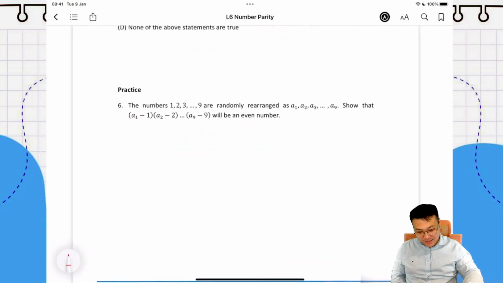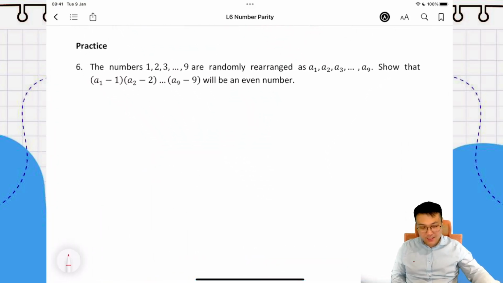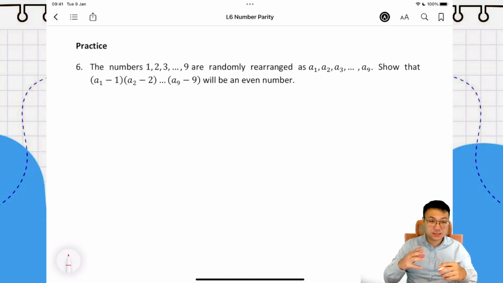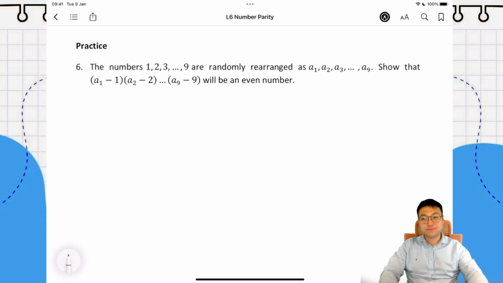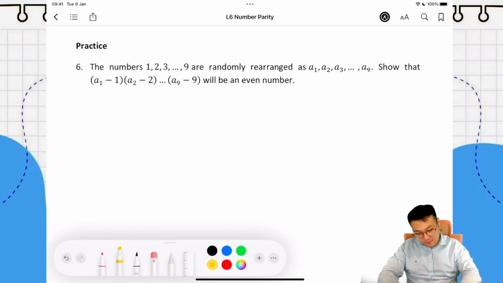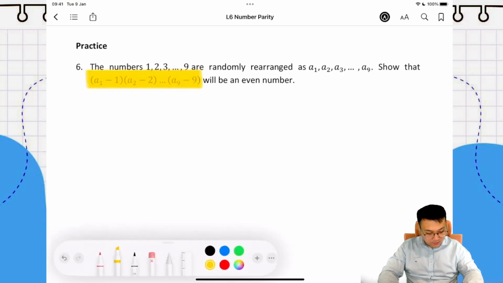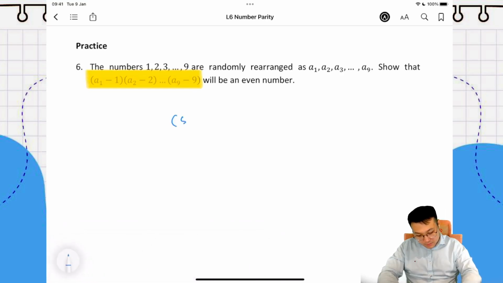Alright. Now let's do practice number 6. The numbers 1, 2, 3 until 9 are randomly rearranged, and they are labeled as A1, A2, A3 until A9. Show that (A1 minus 1)(A2 minus 2) all the way till (A9 minus 9) will be an even number. Now, before we even begin, let me explain something.